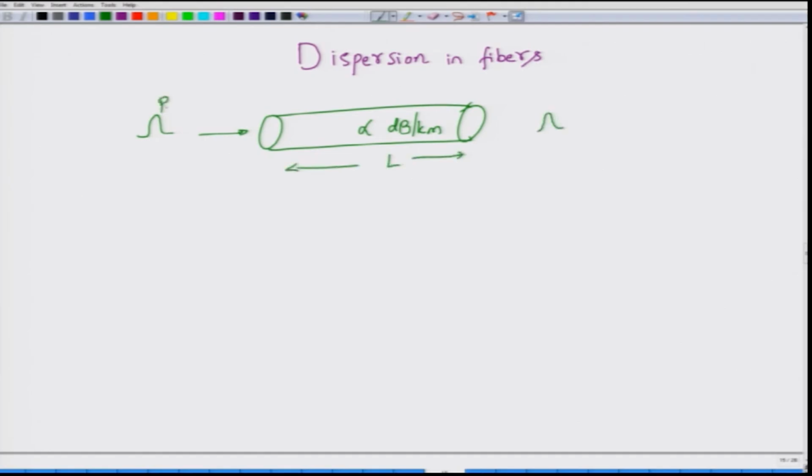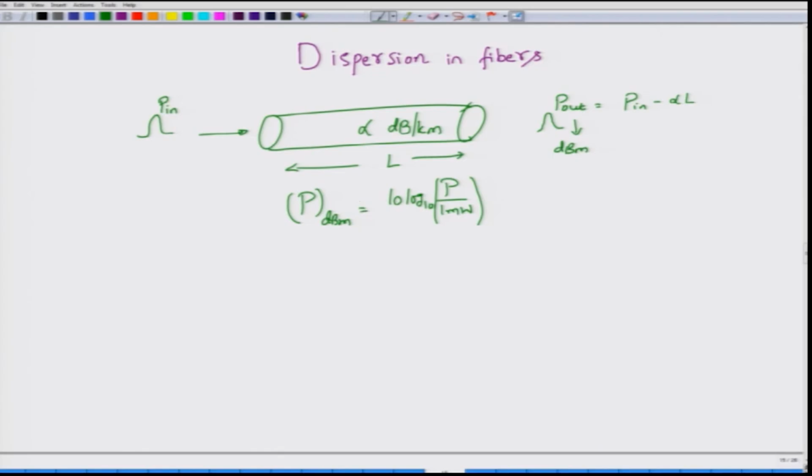So, if you had launched a power of P in, the output power P out will be P in minus alpha times L. The reason we have written minus alpha L, and it is very important to point this out, is that all the powers are measured in dBm units. dBm units essentially means that if P is the power, you take the ratio of this power over 1 milliwatt, and then take the log to base 10 of it, and the result is the power expressed in decibels milli.